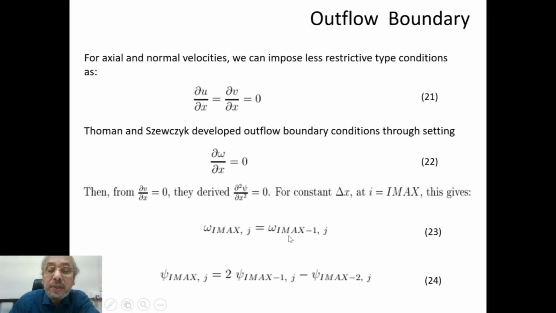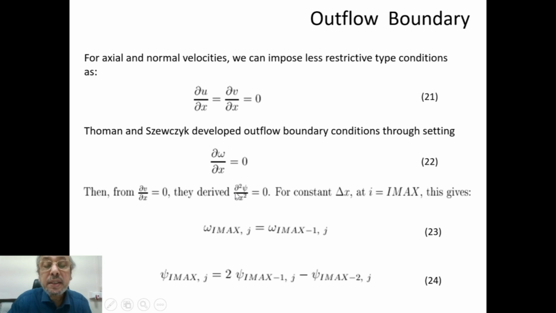You can see that del omega del x equal to 0 means omega at I max, j throughout the column, all j's, minus omega at I max minus 1, that means just the previous point for all j's, divided by delta x equal to 0. Which finally culminates in omega I max j equal to omega I max minus 1 j. This is del omega del x equal to 0.